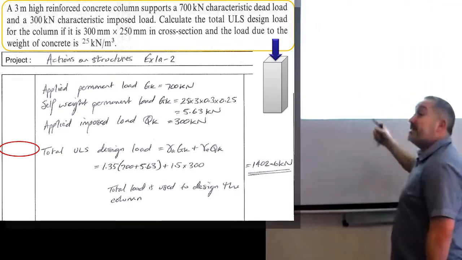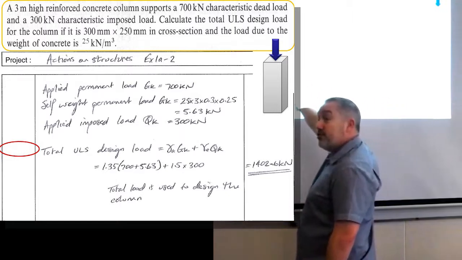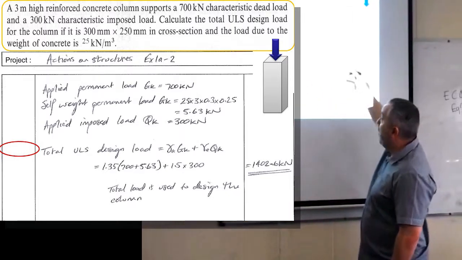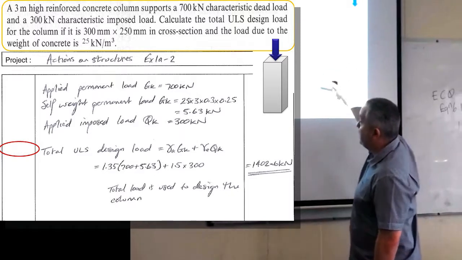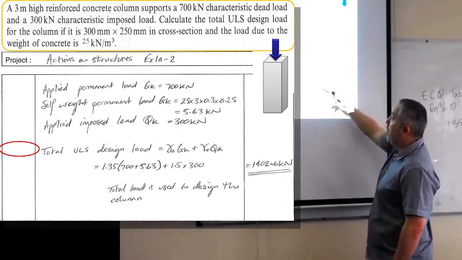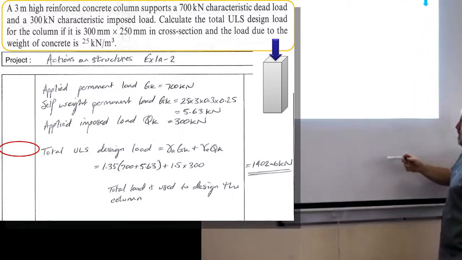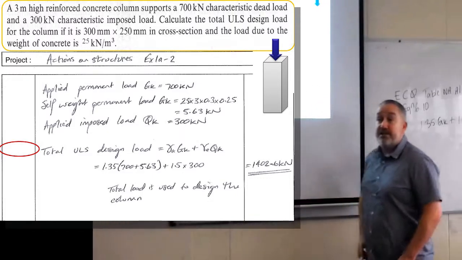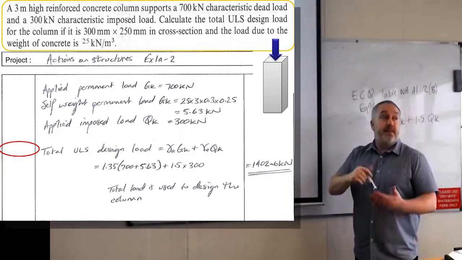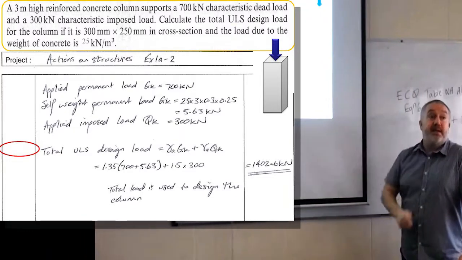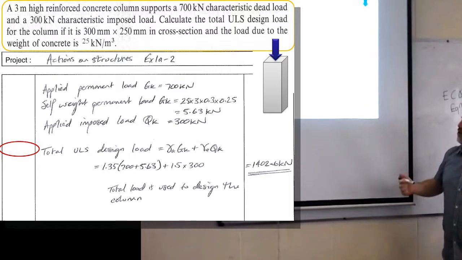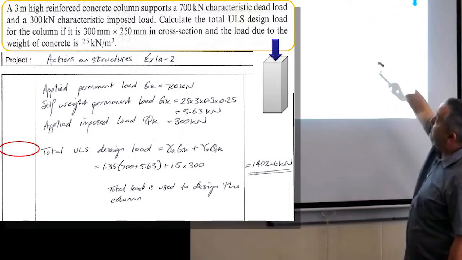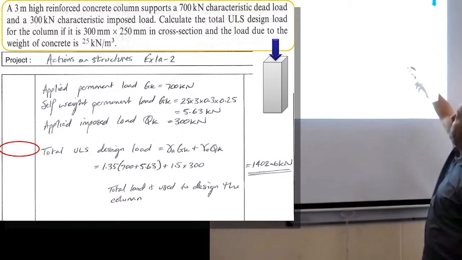If this was my assignment, that'll be minus 1 or 2 marks. So in terms of your calcs, you get marks for putting in information, showing your workings out. You get marks for having the correct answer. But you definitely need to have references. Why have references? You do the calcs, you hand it to somebody else to do the checking. They want to know, where have you got all of this information from? There'll be some obvious things like the weight of concrete.